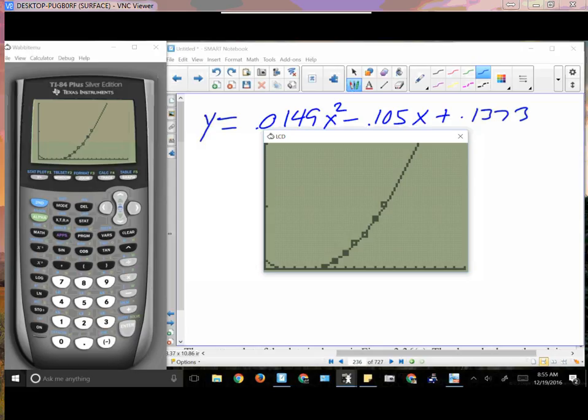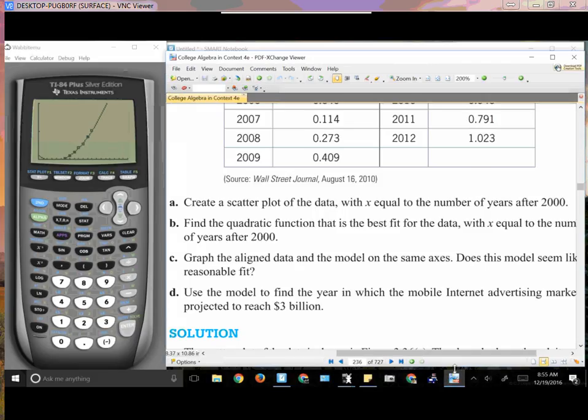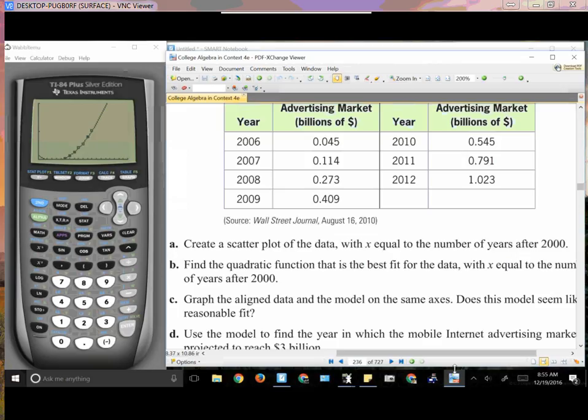Now I want to talk about this idea of interpolation and extrapolation. Interpolation is used to identify data within the data set. So if I wanted to know, for example, let's go back here to the information, what it was in 2006, 7, 8, 9, 10. I've got the years consecutively.